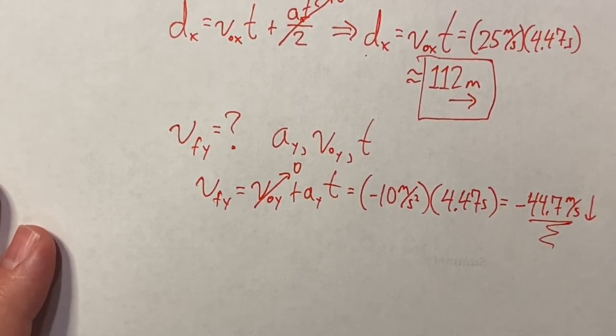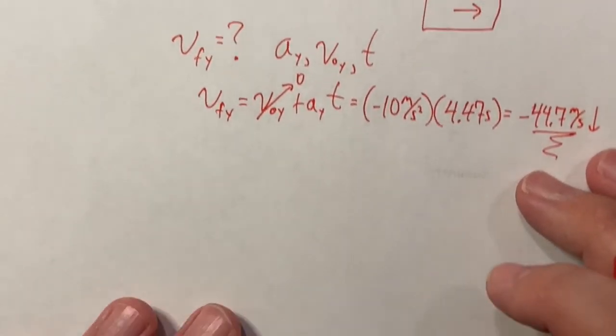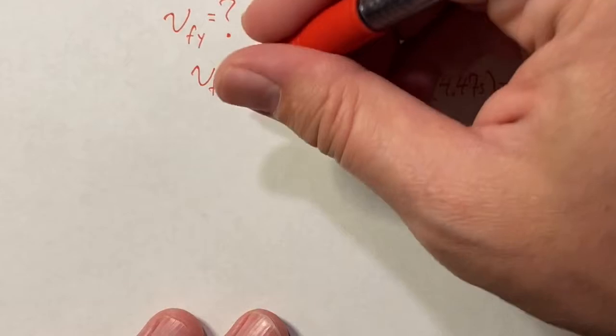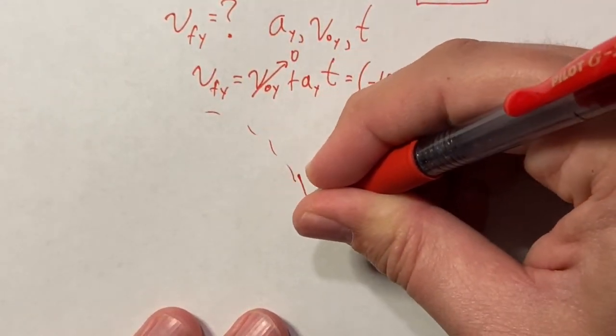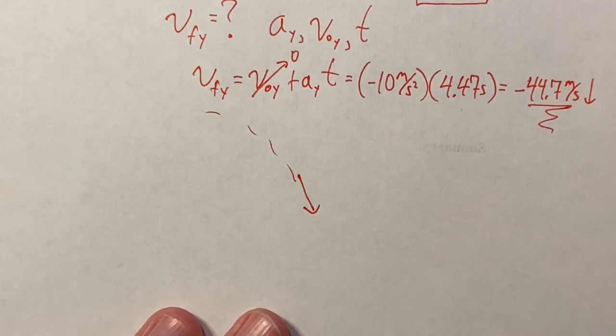Okay, so wait, the ball, where is it going? Well, when it's at the bottom of its arc, it has a diagonal velocity.